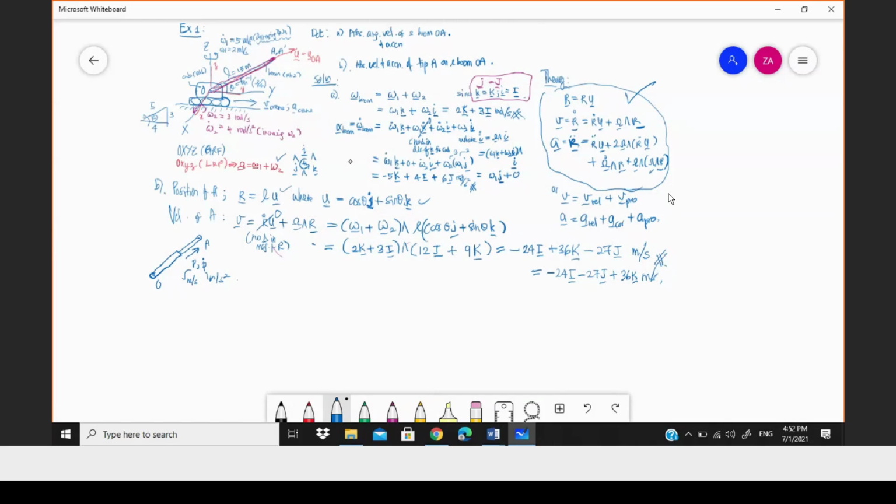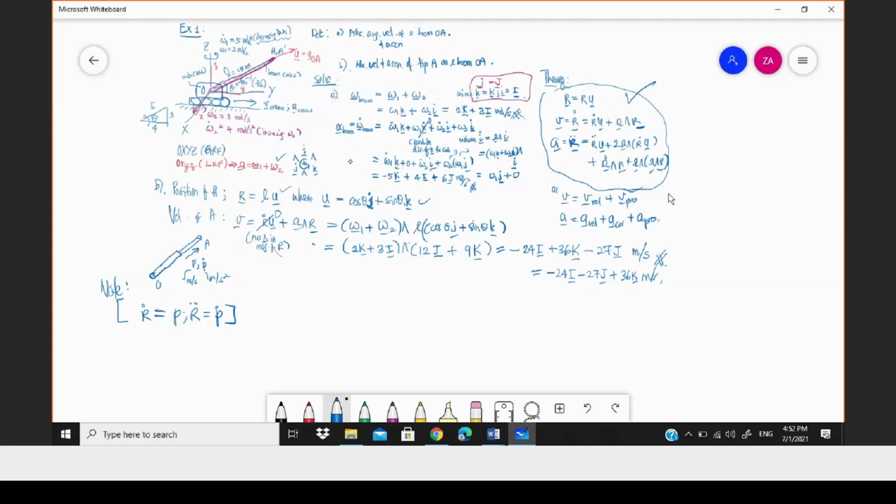Before we proceed to acceleration, I want to write here, take note that R dot is equal to P here, and R double dot is equal to P dot here, with the given magnitudes or units, meter per second squared.